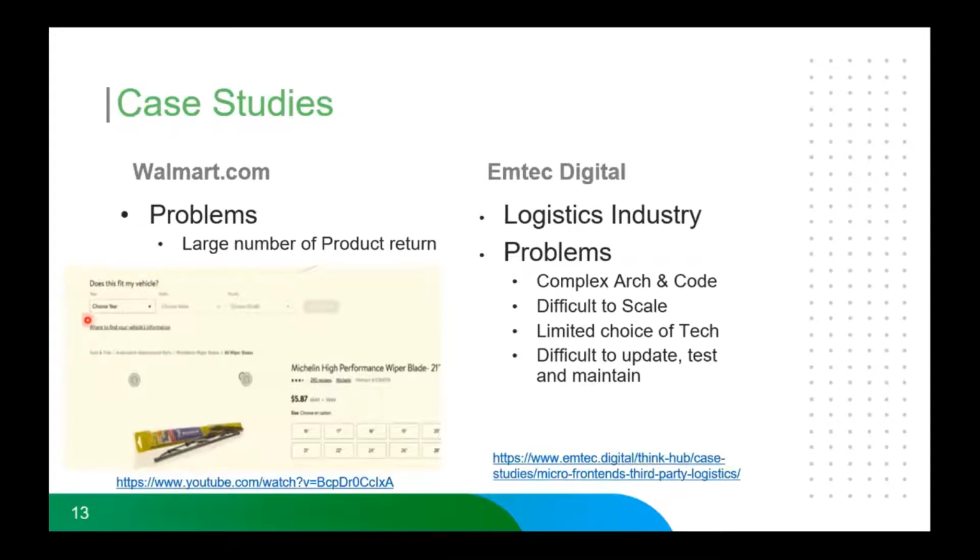I hope my cursor is visible to everyone in this area: Does it fit my vehicle? This particular area is a micro front end application. People used to purchase windshield wipers and then return them because they were not compatible with their particular car.